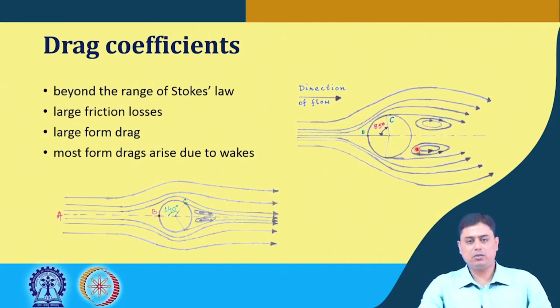We have also refreshed our memory about Stokes' law, and when we understood Stokes' law, we saw its applicability, and with this applicability we can now see that beyond this region there is separation of the streamlines and separation of flow, and that leads to some interesting phenomena which we will see later.